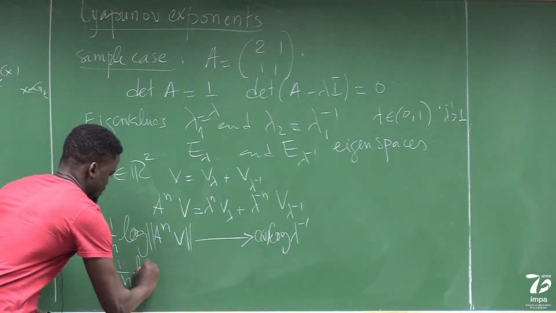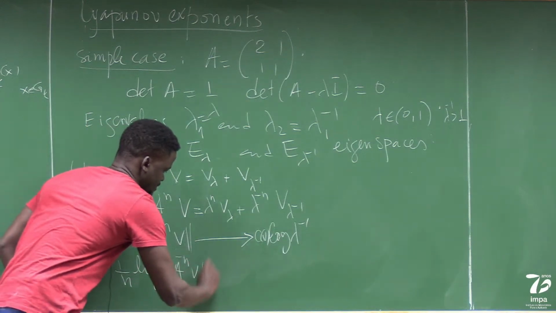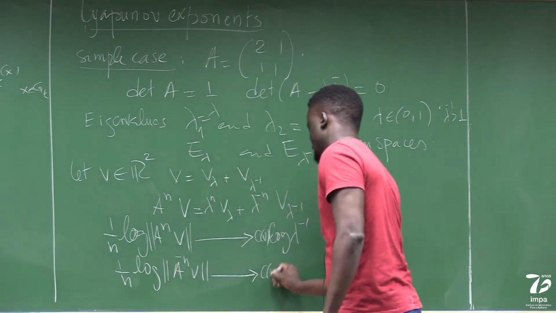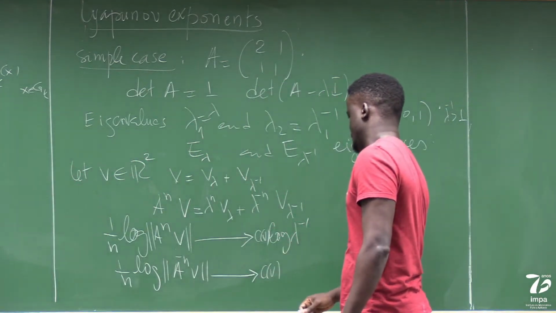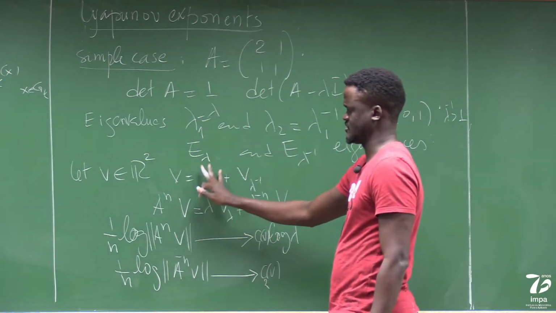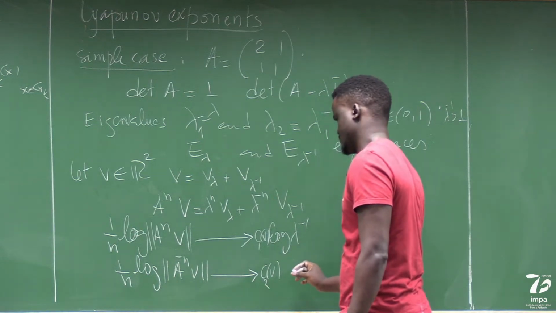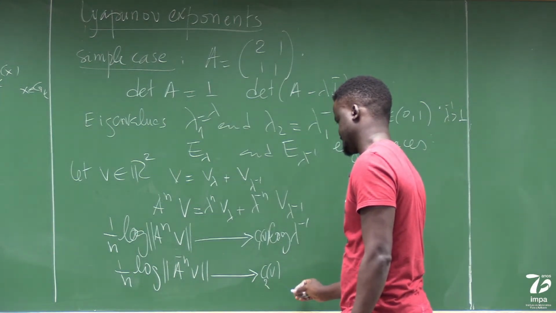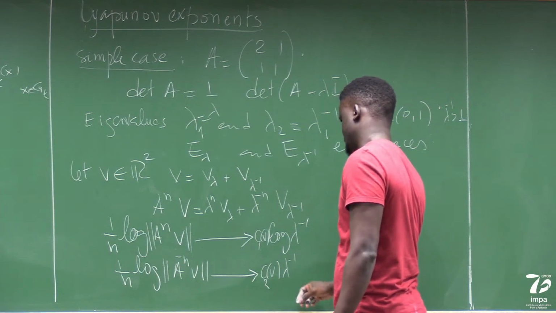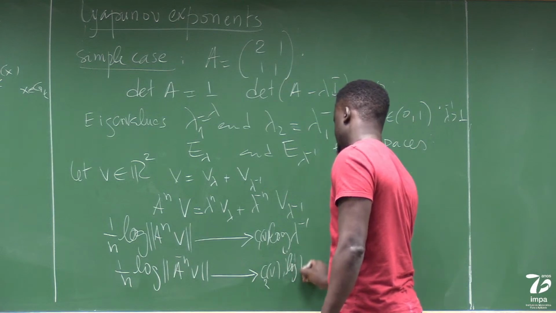Likewise, 1 over n log of A to the minus n v converges to a constant that depends on v, c1, c2, because it just depends on the norm of this. So this will also converge to log of lambda minus 1.